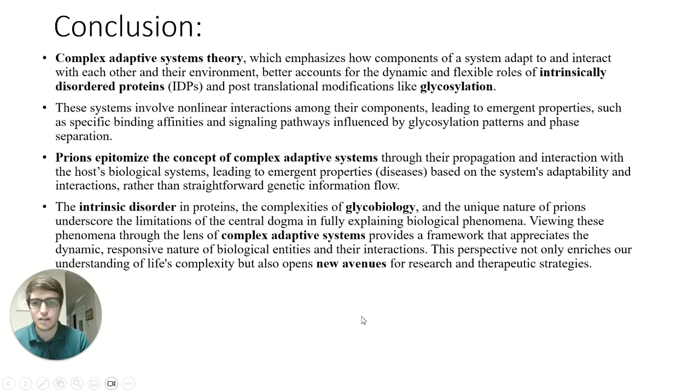So I have a lot of conclusions, mainly that biology should be thought of as a complex adaptive system, and that prions epitomize the concept of complex adaptive systems, along with all kinds of intrinsically disordered proteins like galectin-3, which plays a major role in breast cancer and other cancers.